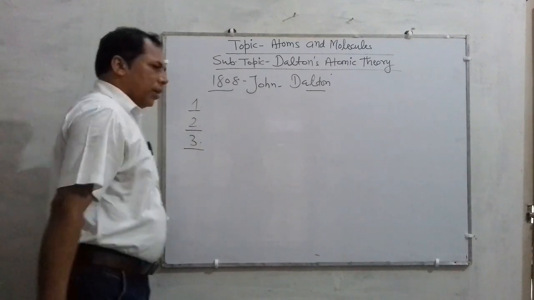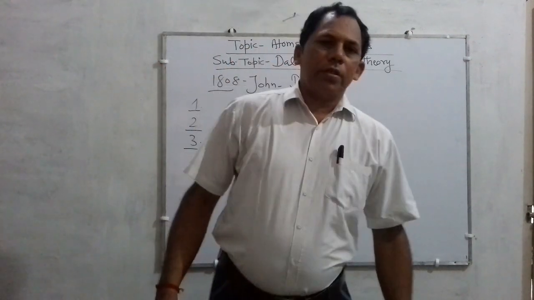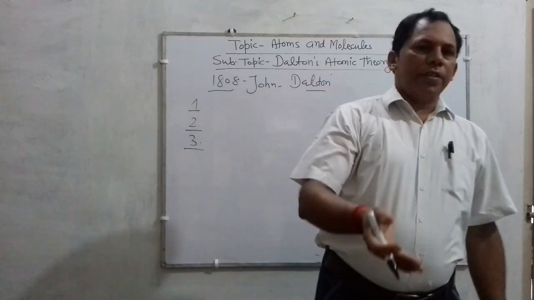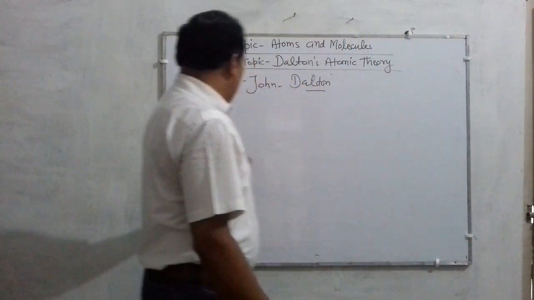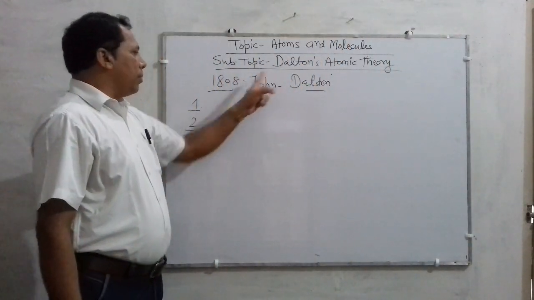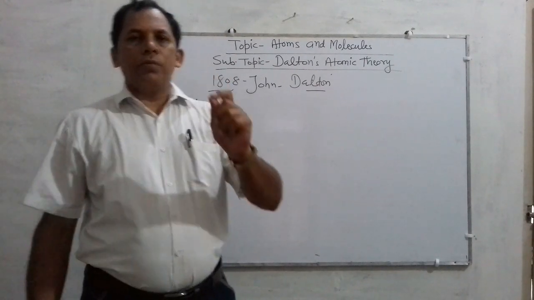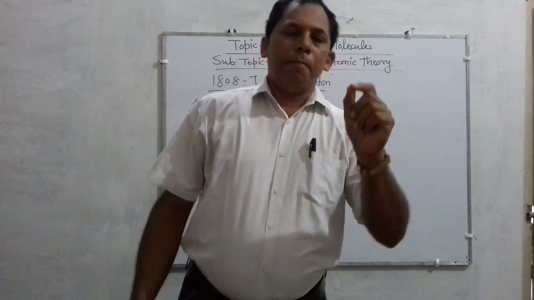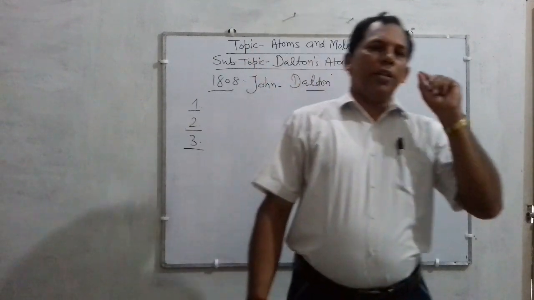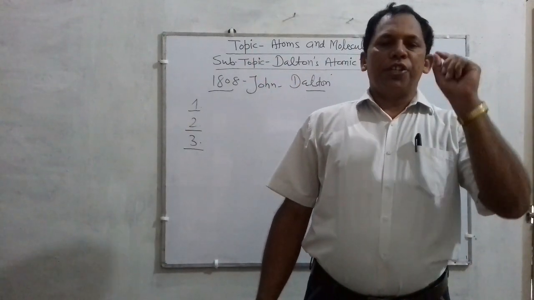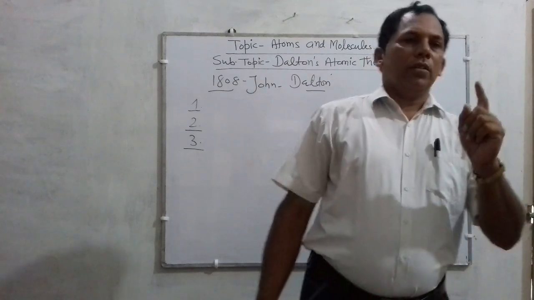Third postulate: atoms are indestructible. Listen, the third postulate of Dalton's atomic theory is that atoms are indestructible, which means they can neither be created nor destroyed in a chemical reaction.